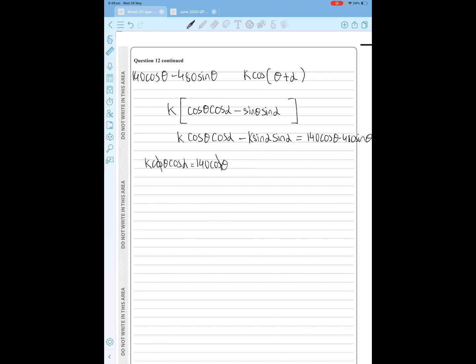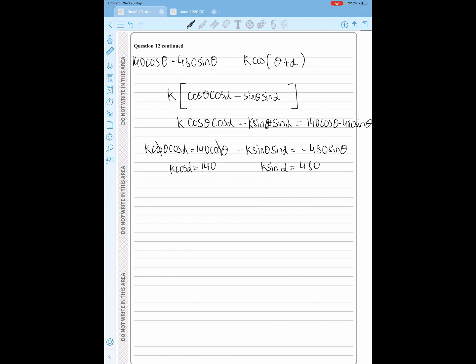These thetas cancel out, so k cos alpha is equal to 140. And then minus k sine theta sine alpha is equal to minus 480 sine theta. So that would just be k sine alpha is equal to 480. Let me just double check if that's right. Yep, it should be.